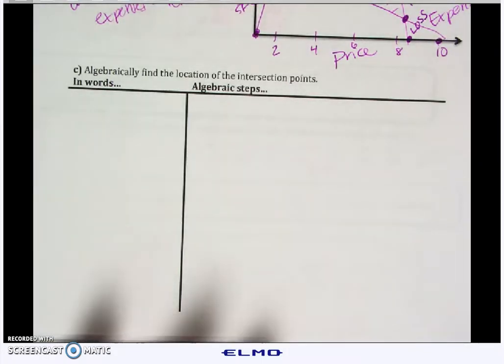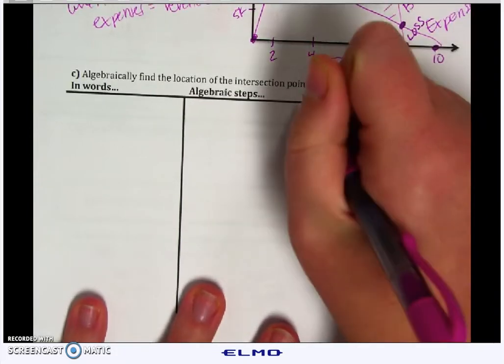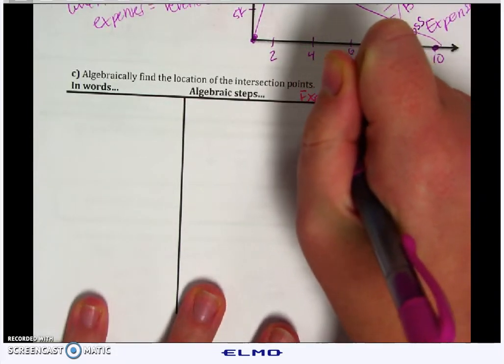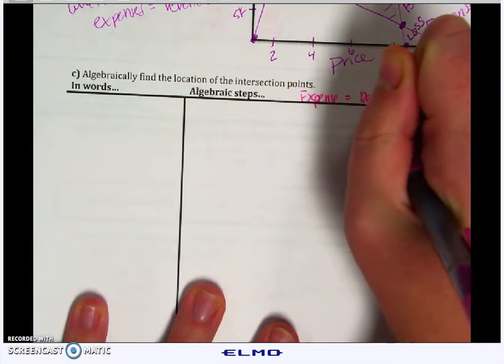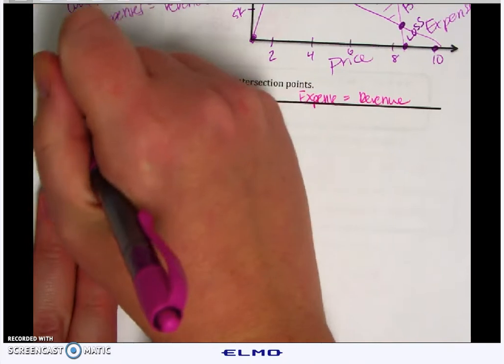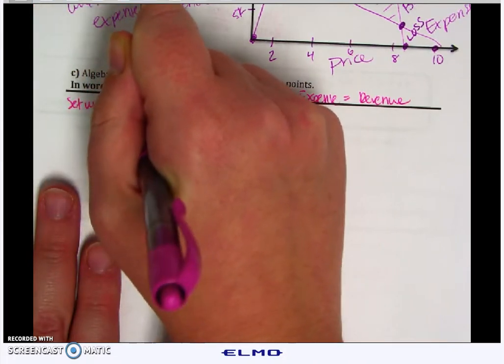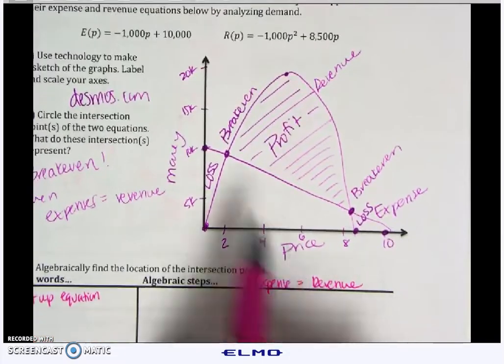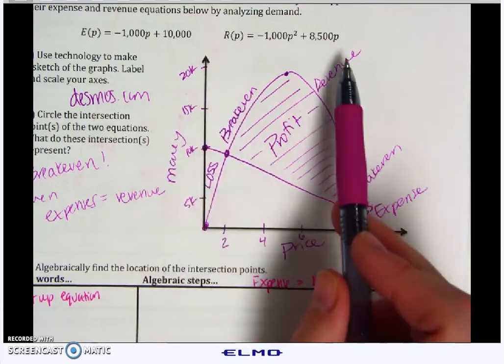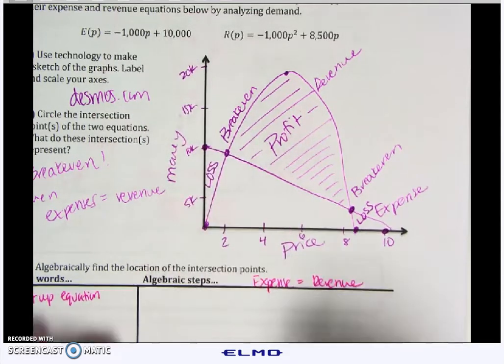Okay, so if we're finding the break-even points algebraically, it's when expense equals revenue. So our first step is to set up the equation. We are given the expense equation and then the revenue equation, so we can set those 2 calculations equal to each other.